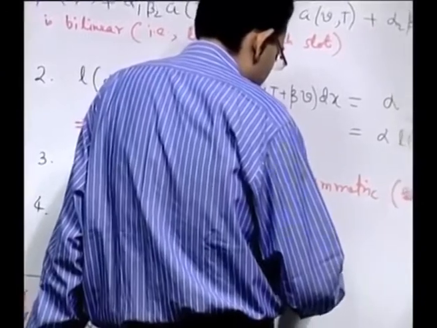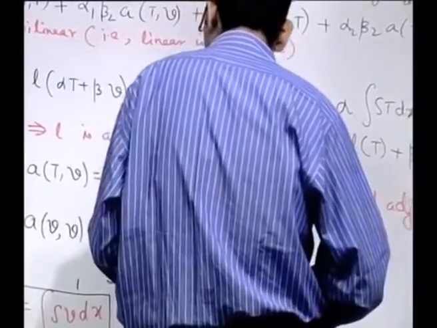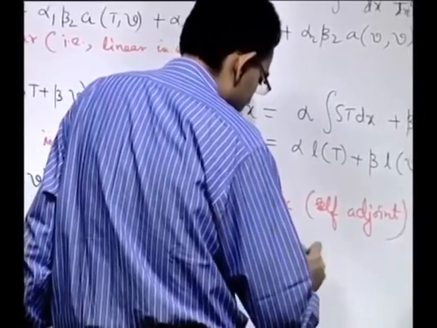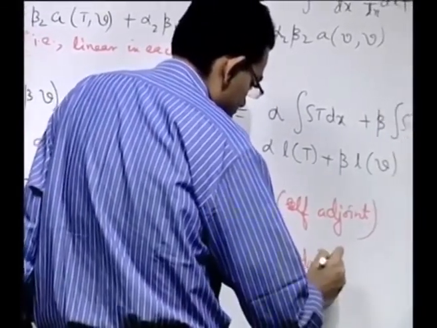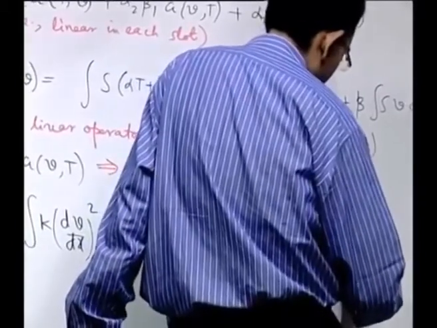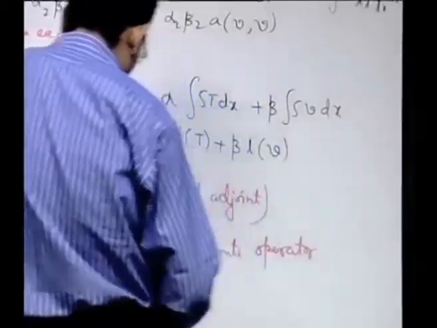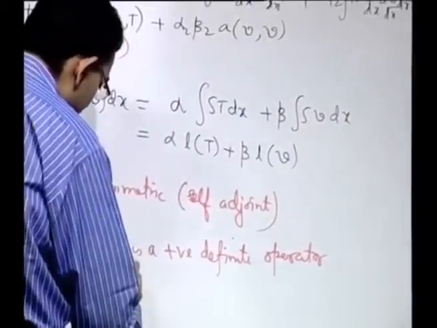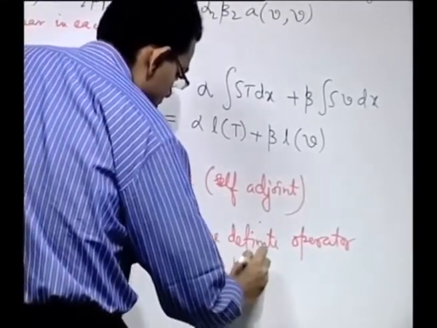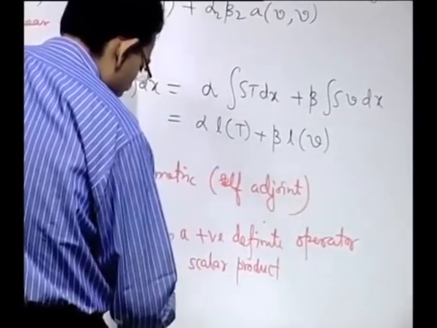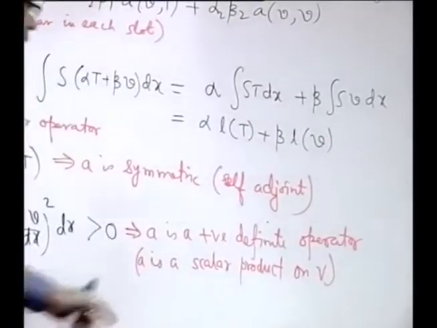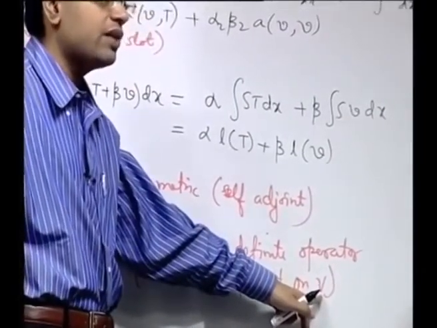This implies that A is a positive definite operator. Or in another technical term, A is a scalar product on V. V is the space in which you have this variation small v.